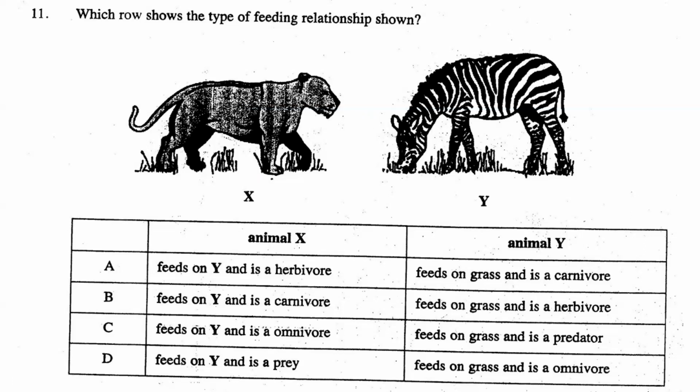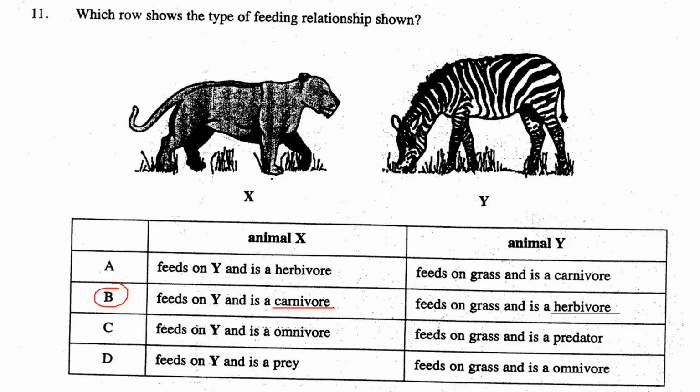Animal X feeds on Y, and it's a carnivore. Yes, that's true. Animal Y feeds on grass, and it's a herbivore. Very good. So please write this down.